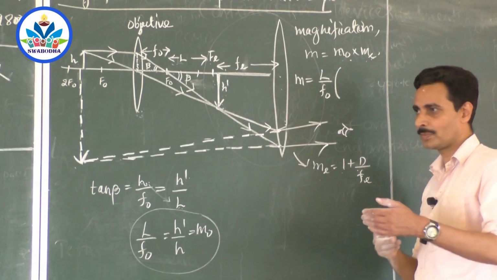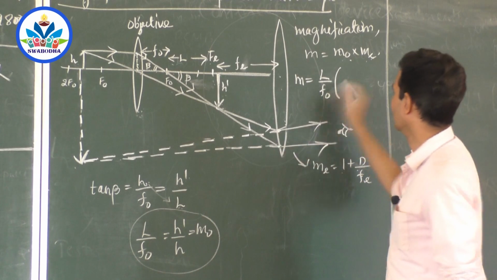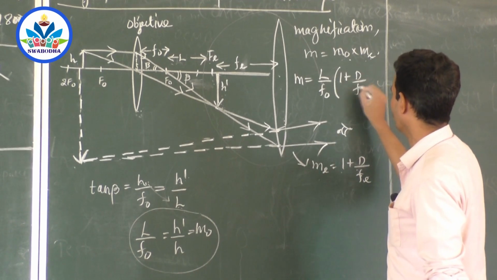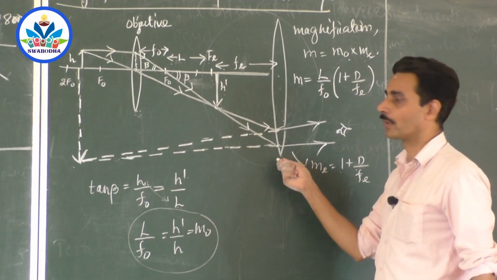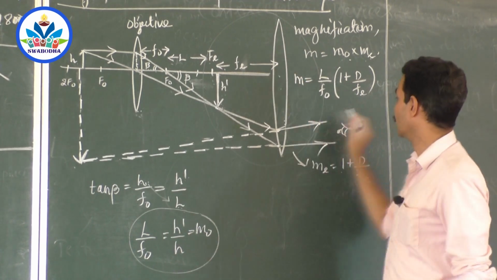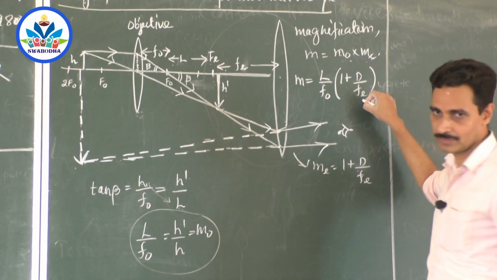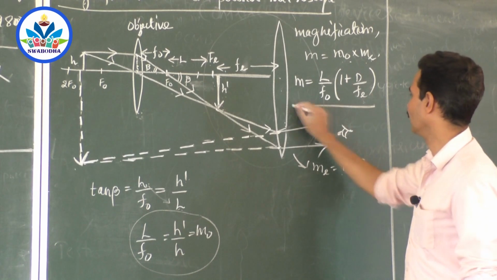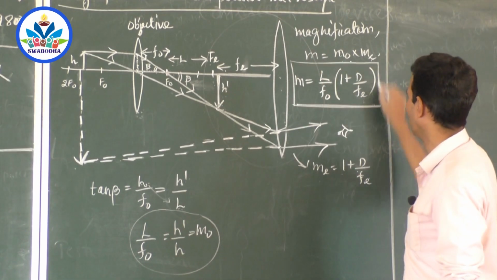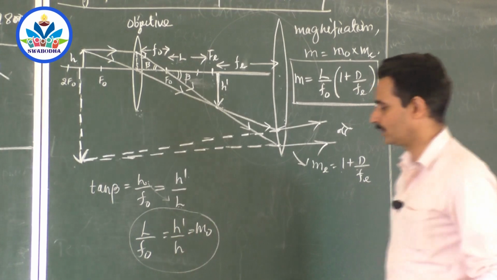When the object is at near point, what is the magnification of a lens? 1 plus d by Fe. So finally the simple microscope role is played by the eyepiece. So here you have to write the focal length of the eyepiece, 1 plus d by Fe. This is the magnification produced by a compound microscope. L by f0 into 1 plus d by Fe.